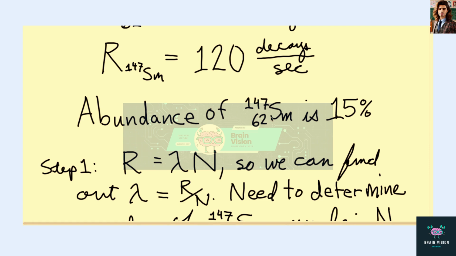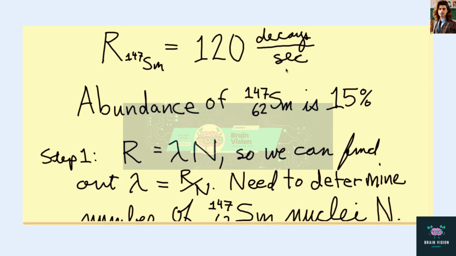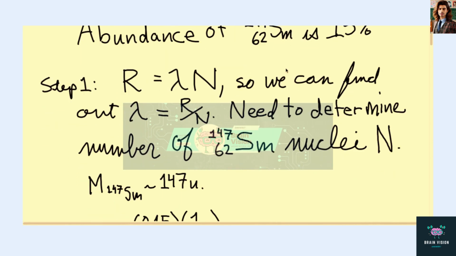The other information given in this problem is that the activity of the samarium-147 decays at a rate of 120 decays per second. We're also given that the abundance of samarium is about 15%.